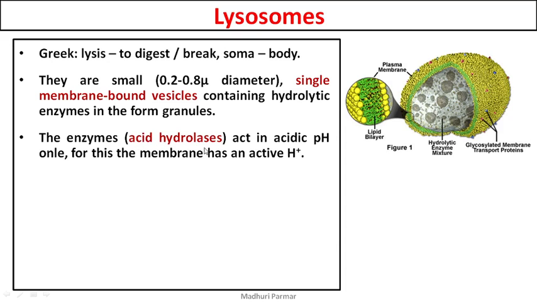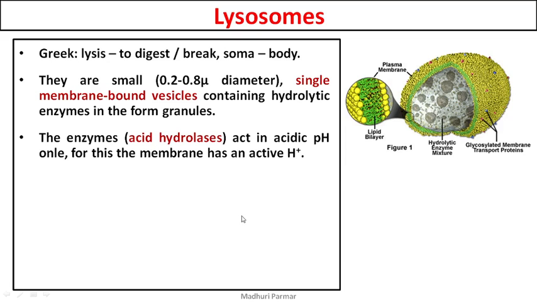Acid hydrolase means these enzymes will get activated only when the pH is acidic, around 4 or 5. They get activated only when the surrounding becomes acidic, and then these enzymes will be able to do their function.